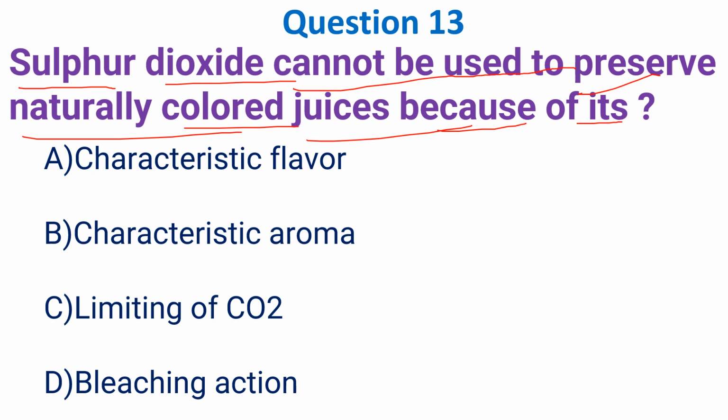Sulfur dioxide inhibits the growth of microbes such as yeast, mold, and bacteria, crossing the cell wall of microbes and disturbing their normal functioning. Sulfur dioxide can inhibit spoilage-causing microorganisms and extend the shelf life of food products. It also acts as an antioxidant and bleaching agent. This question's answer is D, bleaching action.